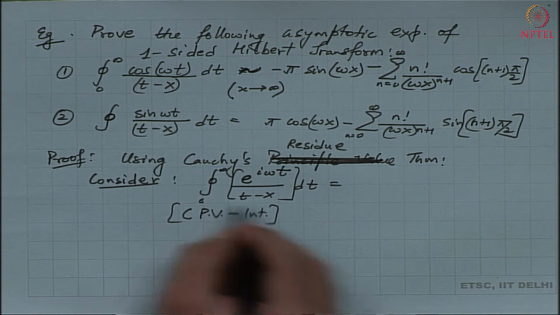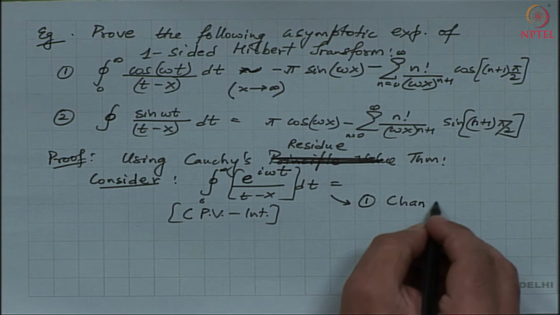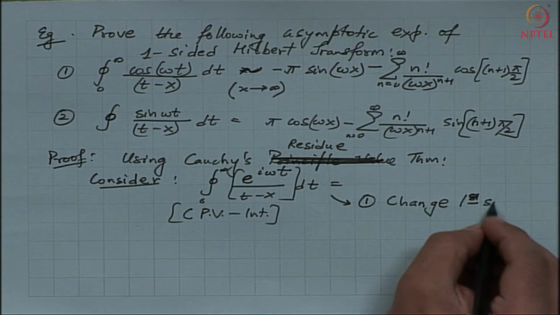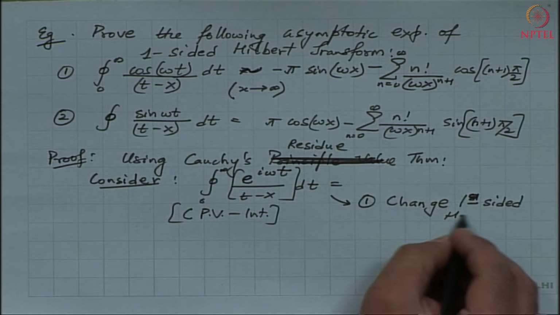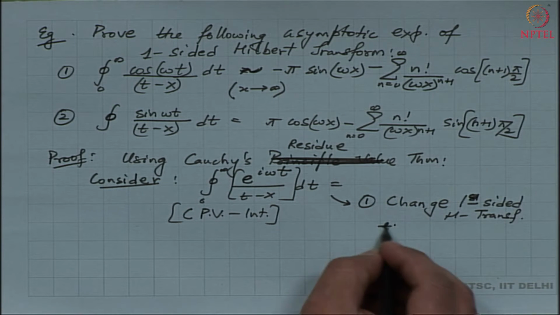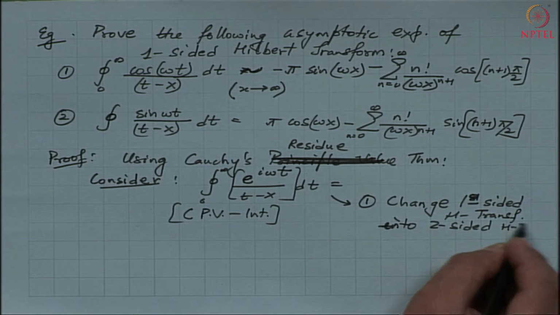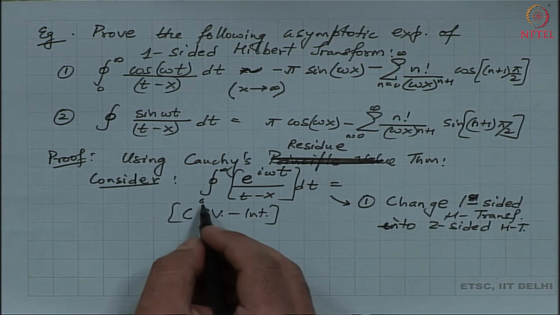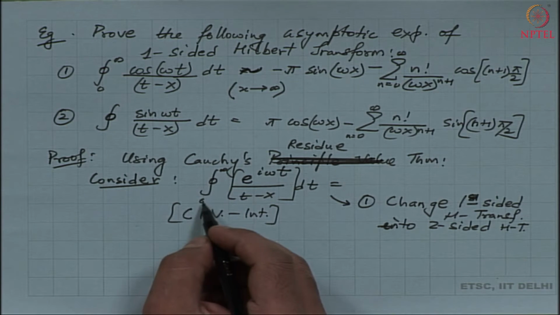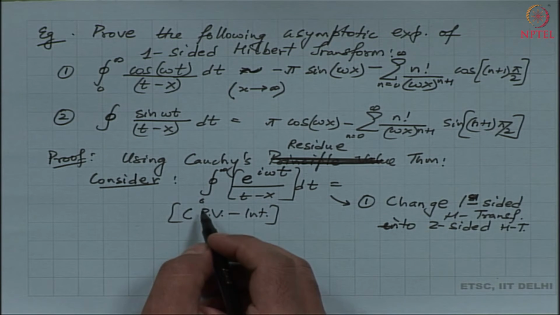The idea is that I am first going to change this one-sided Hilbert transform into a two-sided Hilbert transform, by extending the lower limit of the integral from negative infinity to 0 and 0 to infinity.